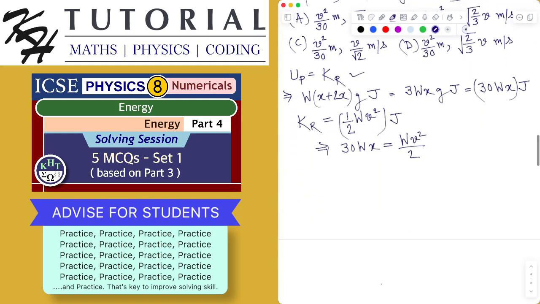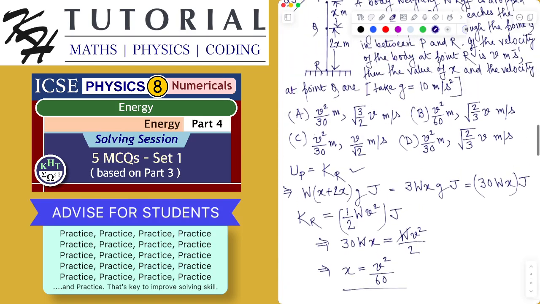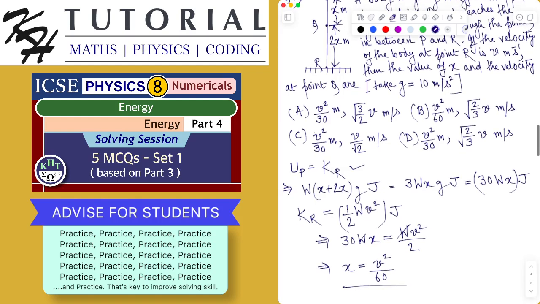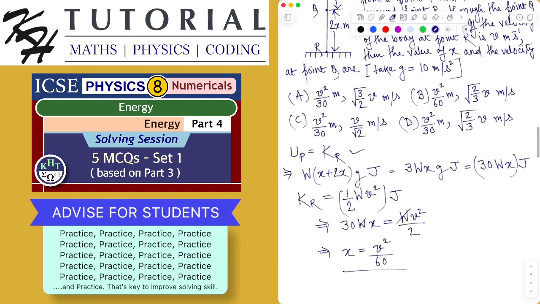W will cancel from both the sides, and we will have x equal to v square by 60. So the value of x is v square by 60, and we can see in the given choices only choice B has v square by 60. So at this stage we can say the correct choice will be B.